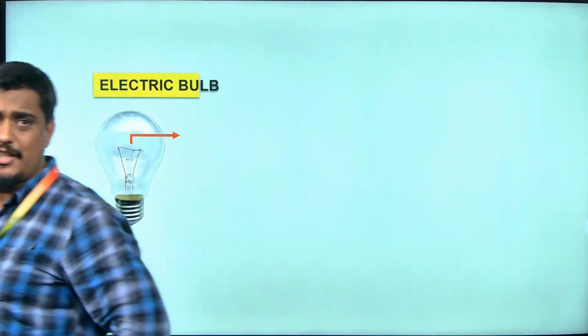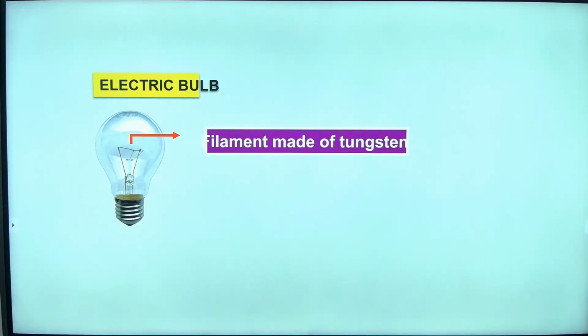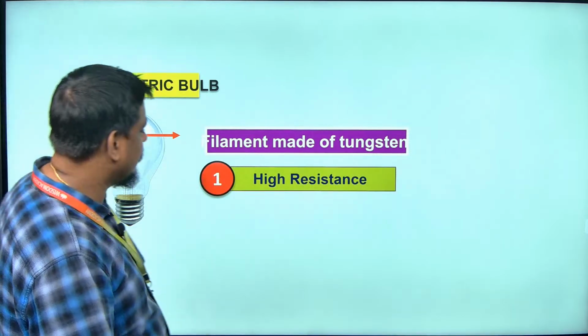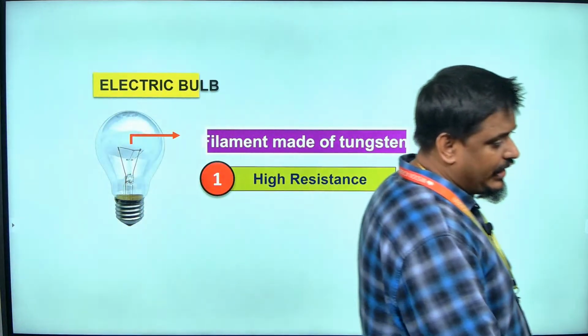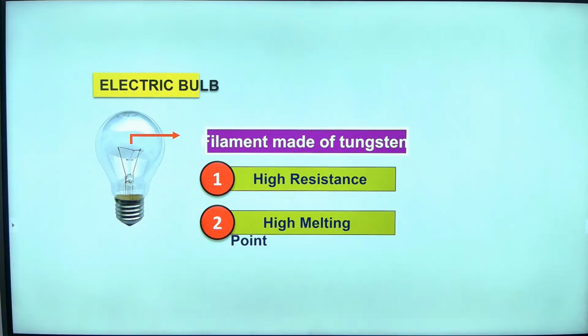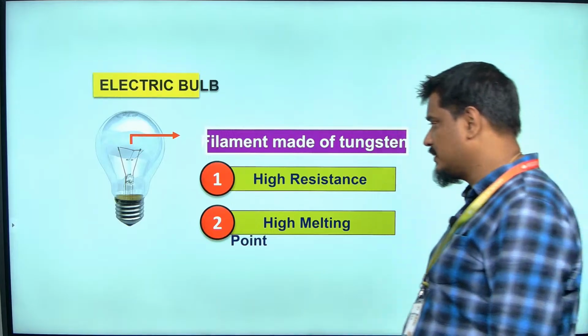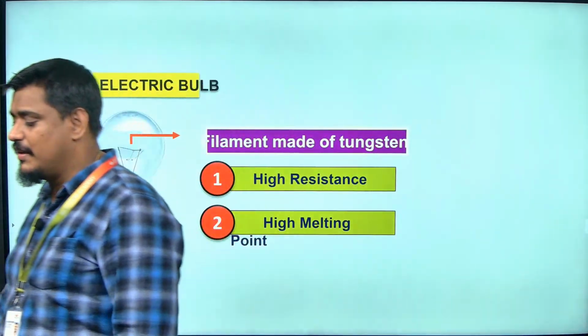So always remember, write it down. Applications of heating effect of electric current, and the first application you write as electric bulb. And these are the important things. What should be the property of the filament? High resistance and high melting point.